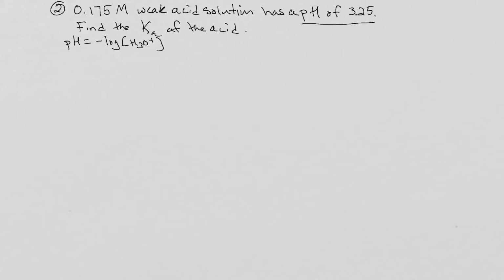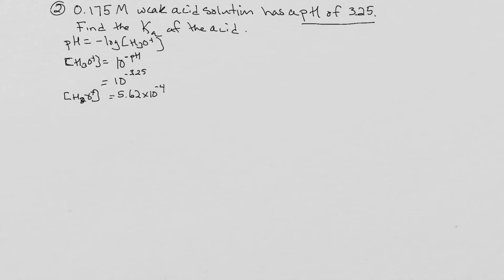So the appropriate equation is the hydronium ion concentration is equal to 10 to the negative pH. So if we plug this in, we get 10 to the negative 3.25. And so that tells me that the hydronium ion concentration equals 5.62 times 10 to the negative 4.